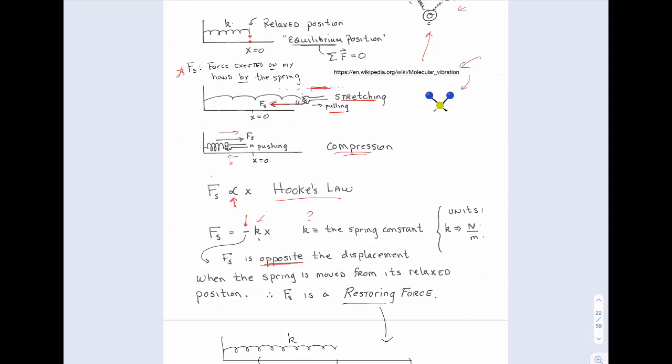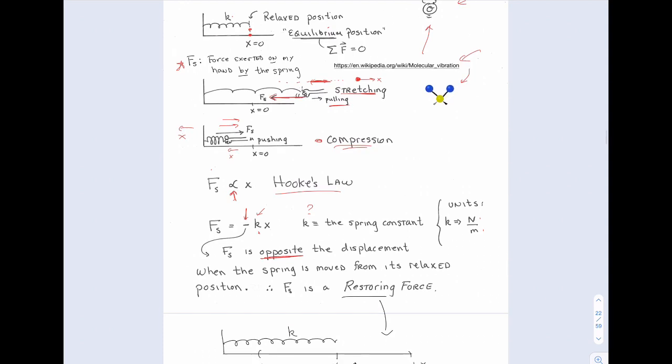In compression, if I displace the spring to the left, the spring force is to the right. If I left off the minus sign, then if I pulled the spring to the right, the spring force would keep stretching the spring to the right, and that makes no sense. So the spring force has that minus sign.